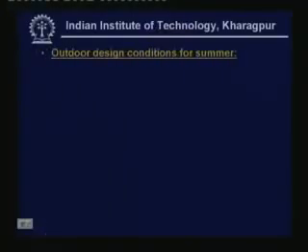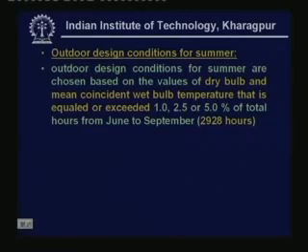So, let us look at this criteria. First, let us look at outdoor design conditions for summer. Outdoor design conditions for summer are chosen based on the values of dry bulb and mean coincident wet bulb temperature, that is equaled or exceeded 1%, 2.5% or 5% of total hours from June to September.